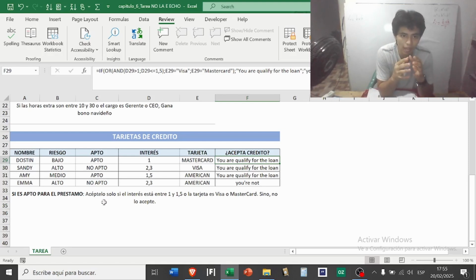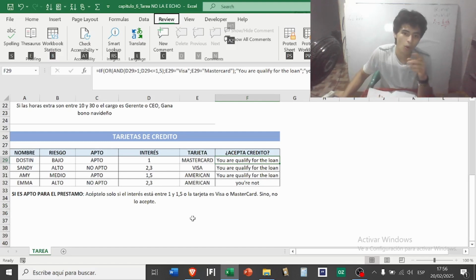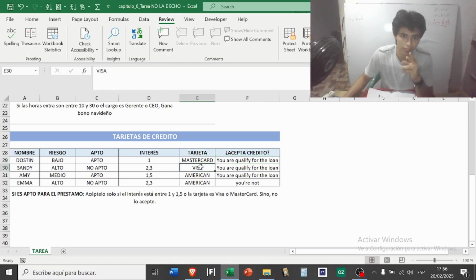You are in the bank asking for a loan, and the bank only accepts you if your interest is between 1 and 1.5, or you have the right credit card, a Visa or Mastercard. If not, you are not qualified for the loan.